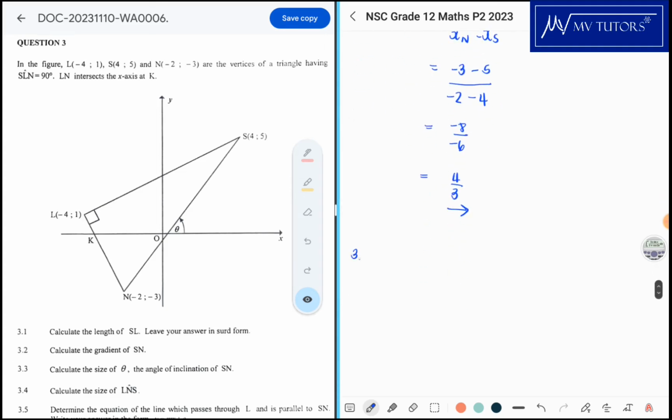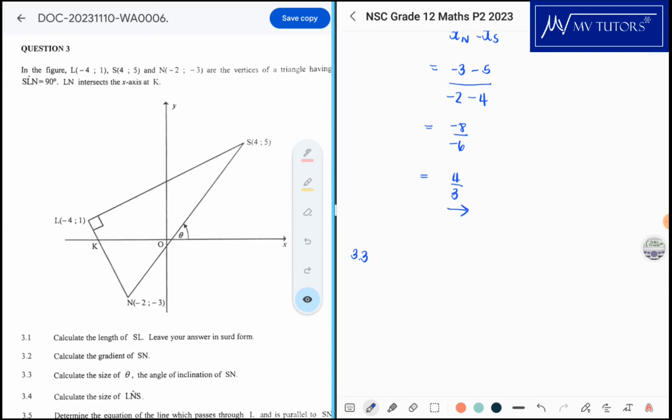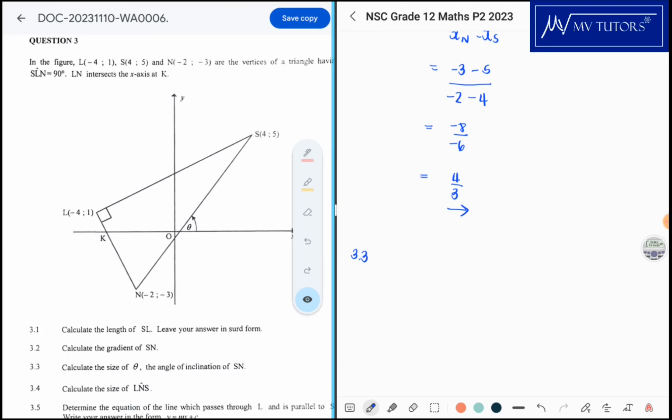Now 3.3. How are the marks looking? Okay, 2 marks each so far. All right, 3.3 says calculate the size of theta, the angle of inclination of SN. It's a good thing we calculated the gradient. So tan theta would be the gradient of SN, which we just calculated.